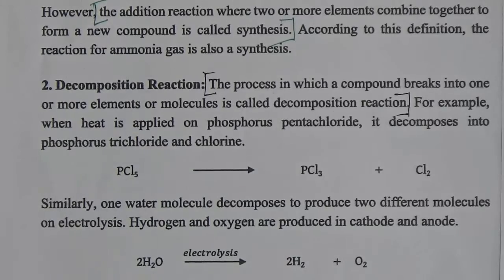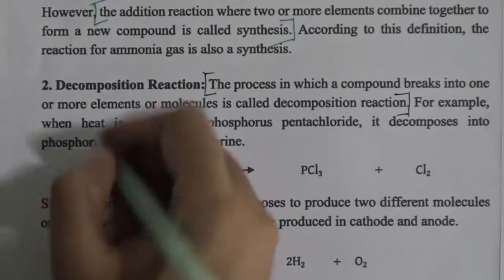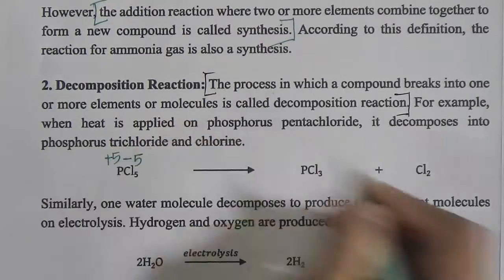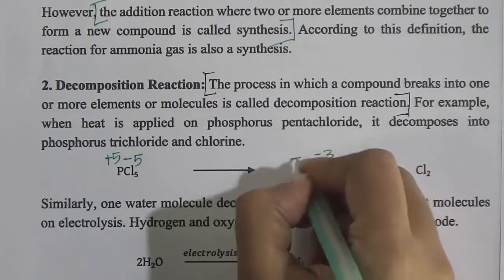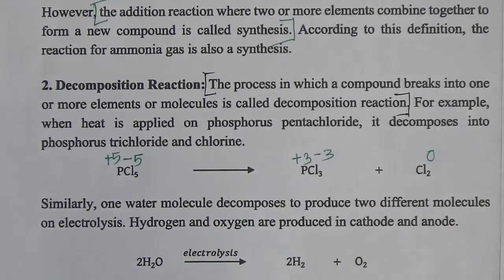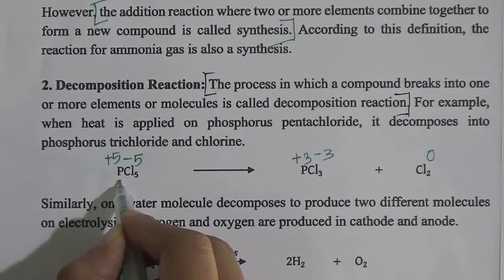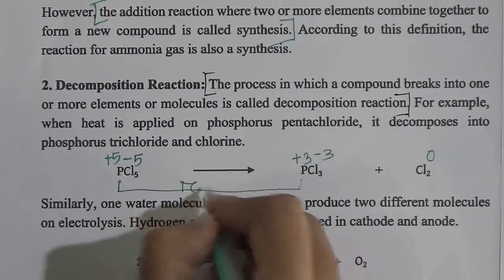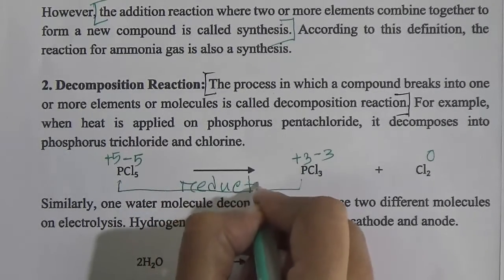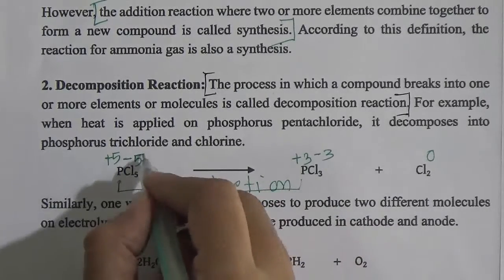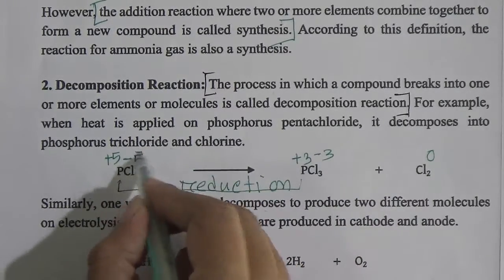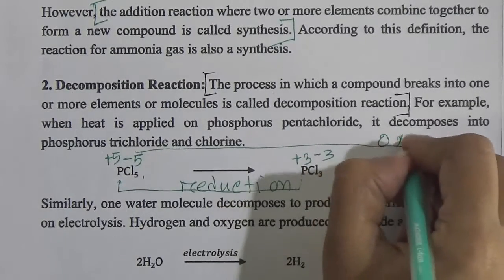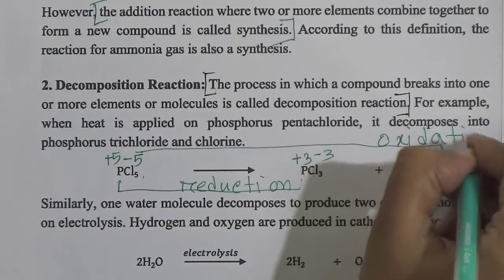Again here if you observe, here +5, and here +3, and here 0. So phosphorus's oxidation number decreases, so here reduction occurs, and here chlorine was -1, it becomes 0. 0 is greater than -1, so oxidation occurs here.